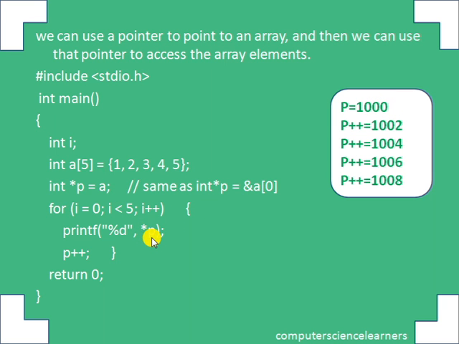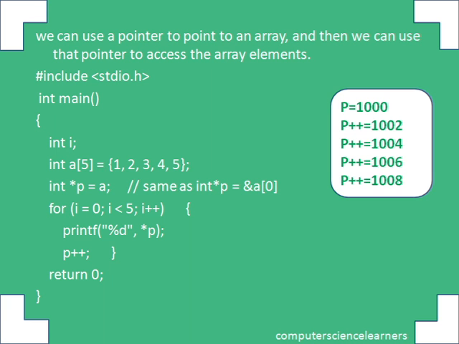Asterisk p, value at 1000 means a of 0, value at 1002 a of 1, 1004 a of 2, 1006 a of 3. Like that you are getting the value on the specified addresses.